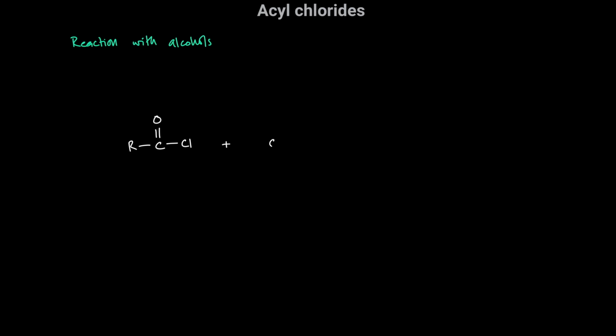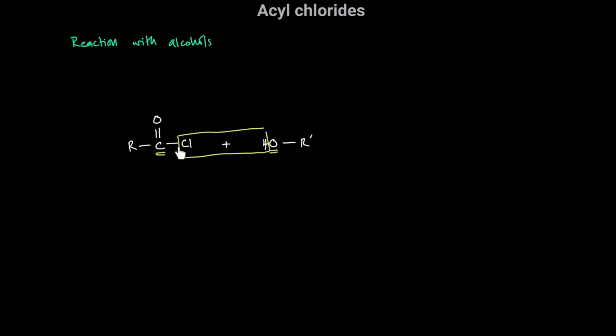So let's say I have this alcohol and this acyl chloride. What we end up getting is an esterification reaction. This oxygen ends up bonding to this carbon, and HCl is also released.